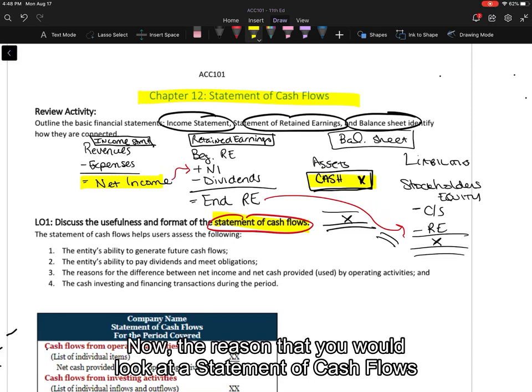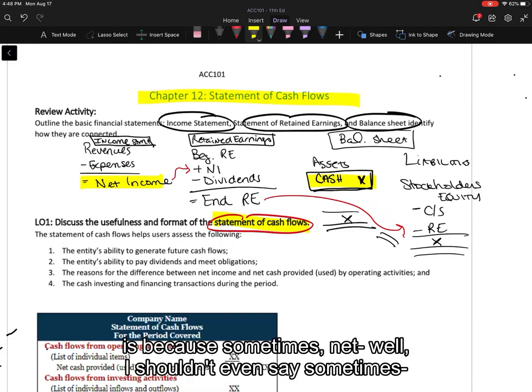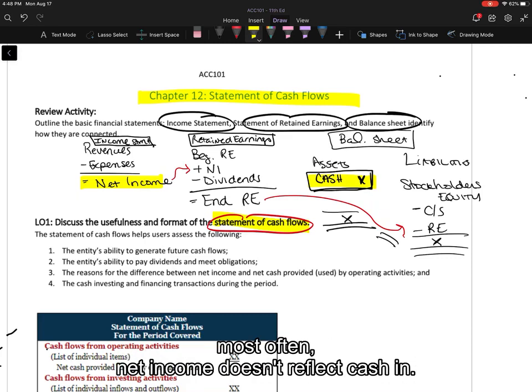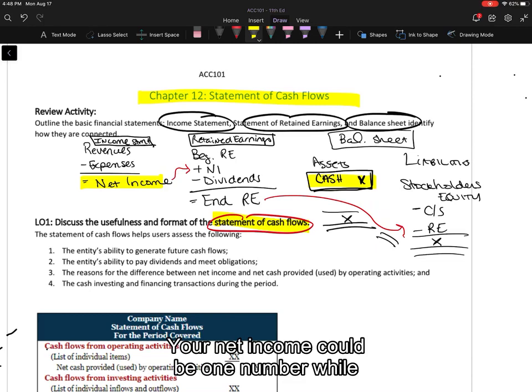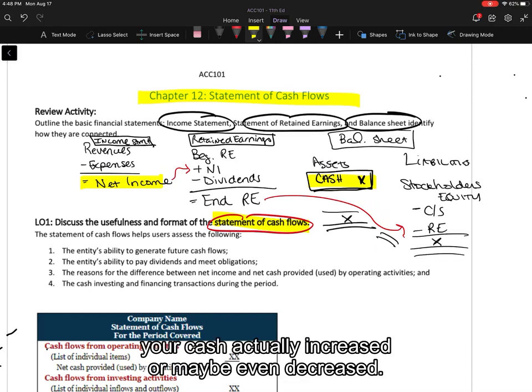The reason that you would look at a statement of cash flows is because most often net income doesn't reflect cash in. Your net income could be one number while your cash actually increased or maybe even decreased.